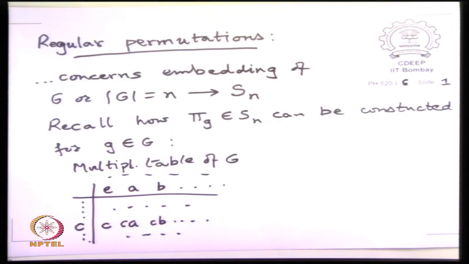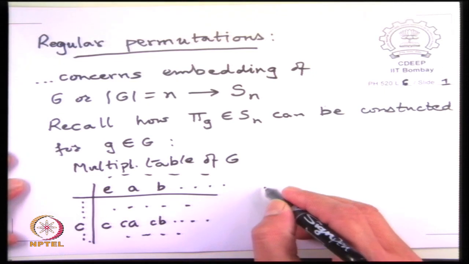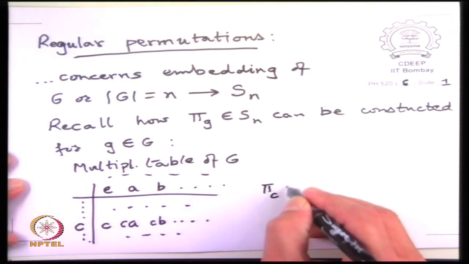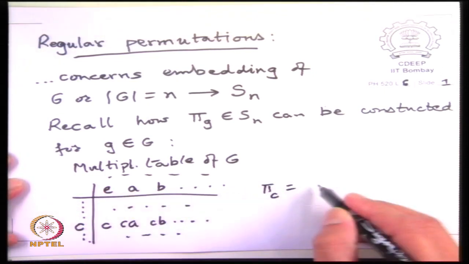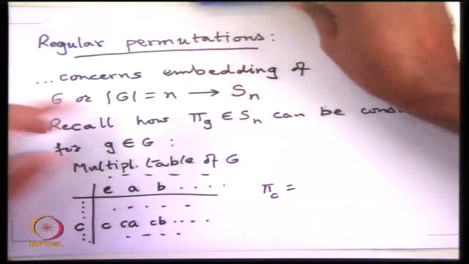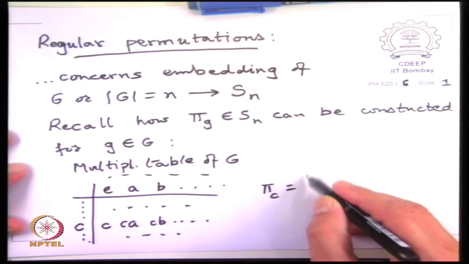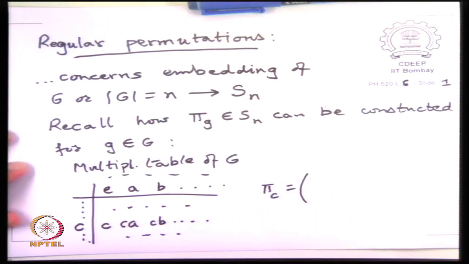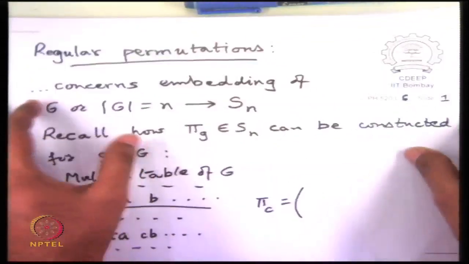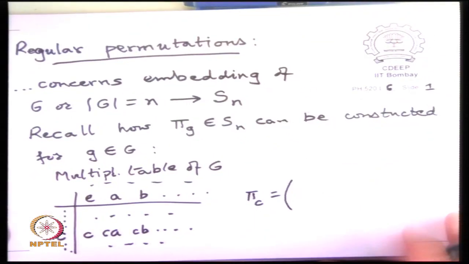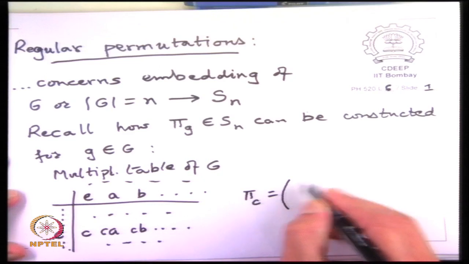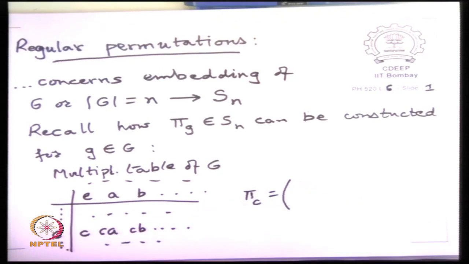Now the way to construct pi of C is simply to first fill the, thank you, just for change of color. What we will do is write the top line to be this.